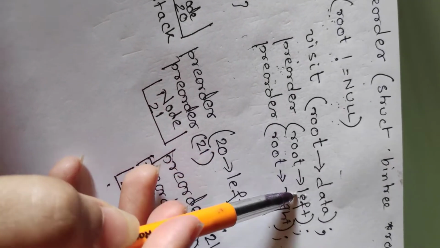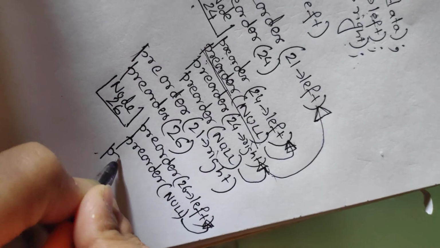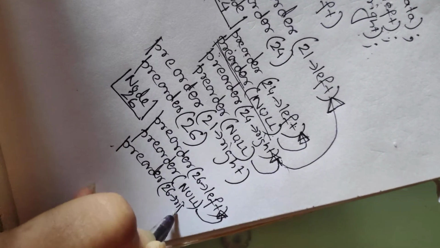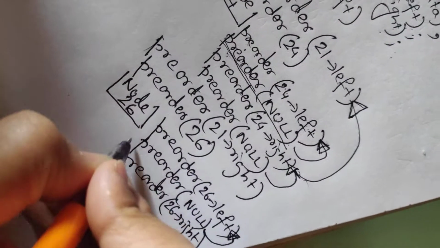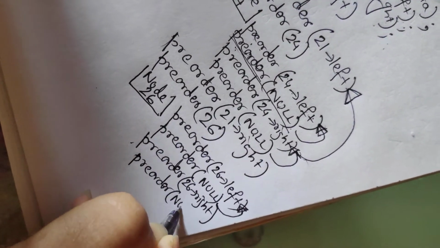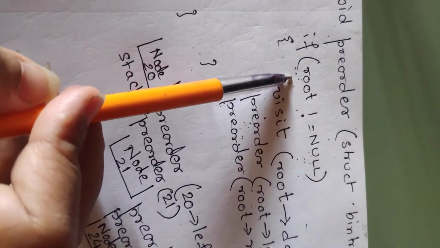After 26 left, 26 right would be called. So you would be calling preorder 26 right. Now again 26 right over here is also null. So that means you are calling preorder null. Again calling preorder function with null means you have called with a base condition.